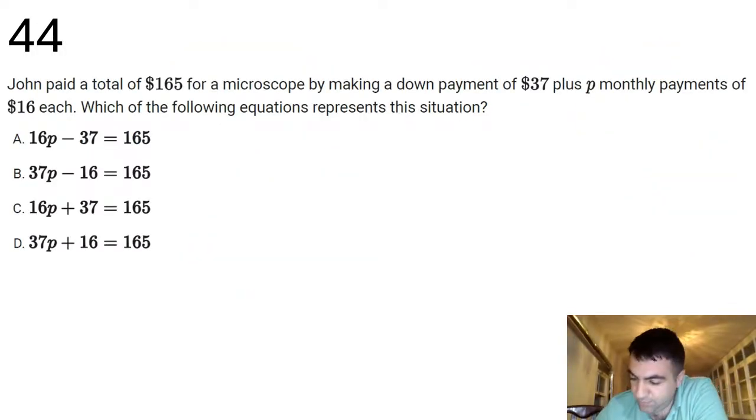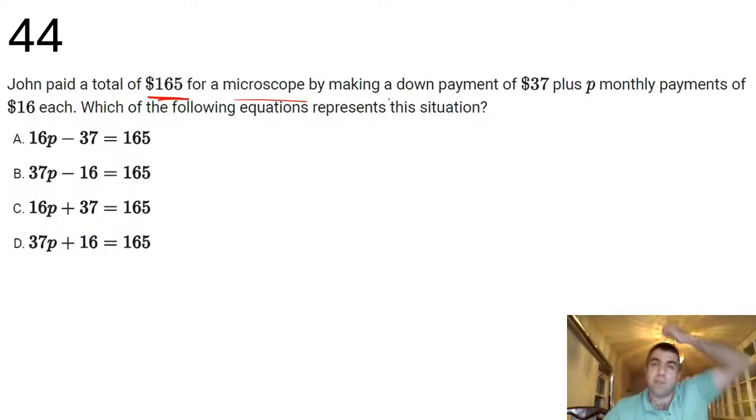44th question. Here it says John paid a total of $165 for a microscope by making a down payment. Here you say it is C. Let's see if it is correct or not.